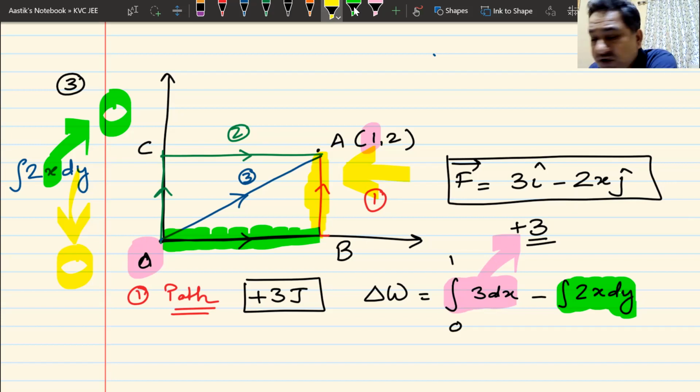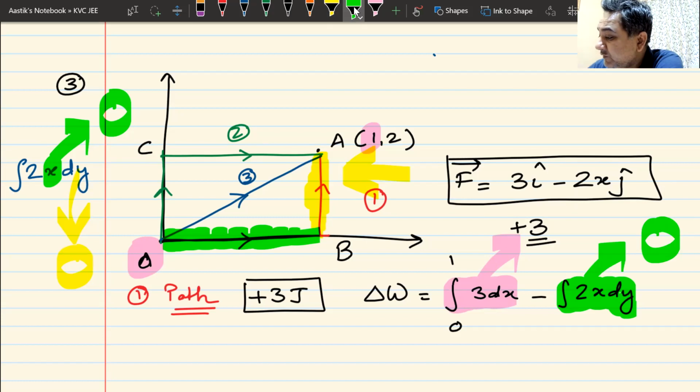The value of y does not change. And hence, this integral also becomes 0, sir. 0. So this entire answer becomes 0, and the answer for the first part is simply plus 3. Do we understand this?